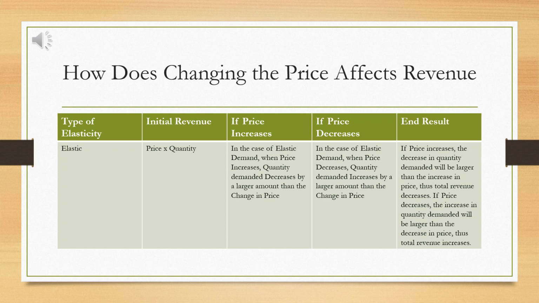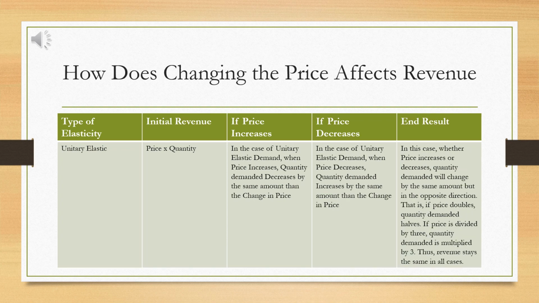Thus, total revenue increases. In the case of unitary elastic demand, when price increases, quantity demanded decreases by the same amount as the change in price. When price decreases, quantity demanded increases by the same amount as the change in price.